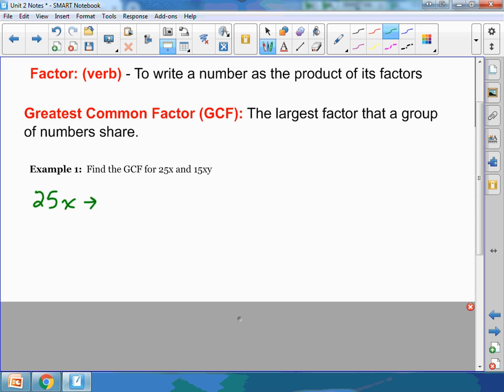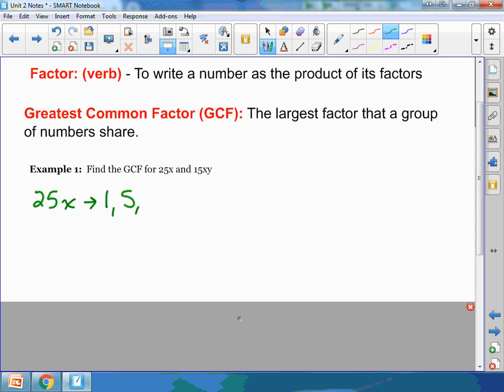I think the way that most of us prefer when we talk about factors is just to do a list of all of the possible factors. All right, so can somebody give me, why don't we just call them out? Give me some factors of 25. You can just say them and I'll write them. 1, I heard. 5.